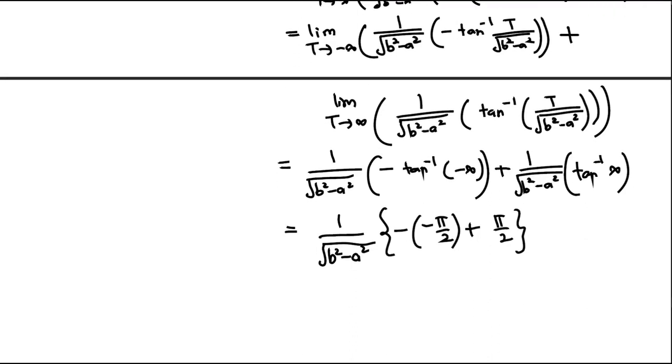So last we get 2 pi over 2, and then 1 over square root of b squared minus a squared. So we show that the answer is pi over square root of b squared minus a squared. Shown.